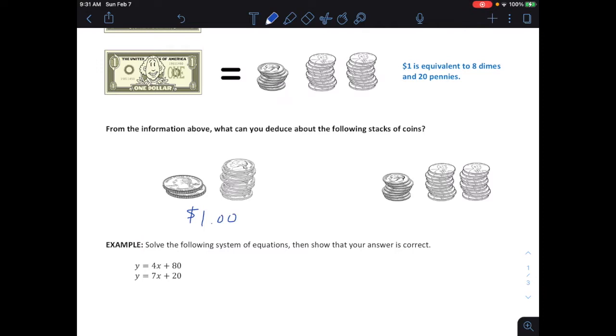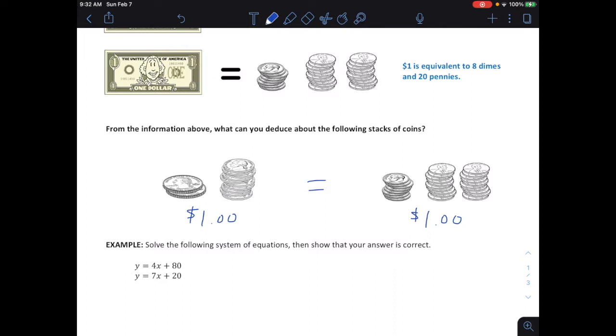And on the right-hand side, we have 8 dimes and 20 pennies, which adds up to $1. So the thing that we can deduce is that these two stacks of coins are equal. So you could substitute one stack of coins for the other and still have $1. Okay, so that's kind of the concept of what we're going to talk about today with substitution.